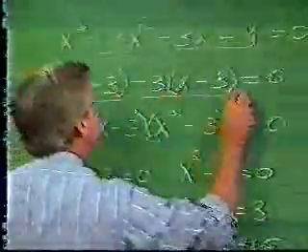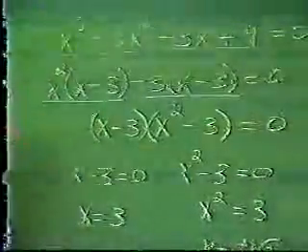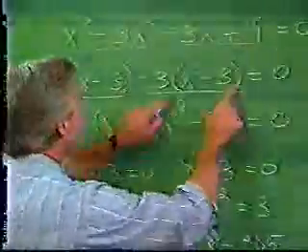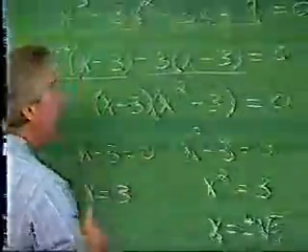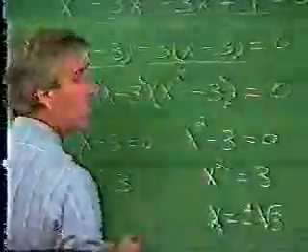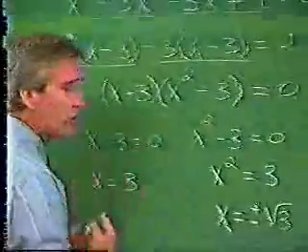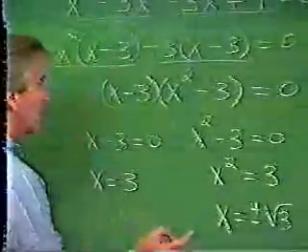Now, of course, in this term and this term, we have x minus 3 as the common factor. Take x minus 3 out of this one, and we're left with x squared. X minus 3 out of this term leaves the negative 3. Now we're in a factored form, and as such, we ask ourselves what value of x causes each factor to become 0.